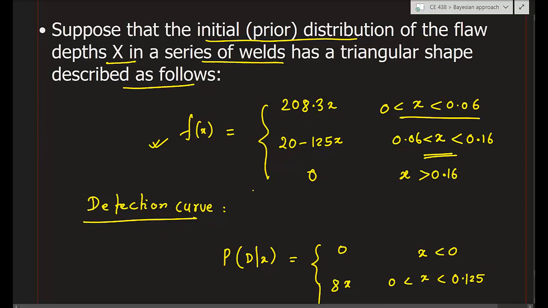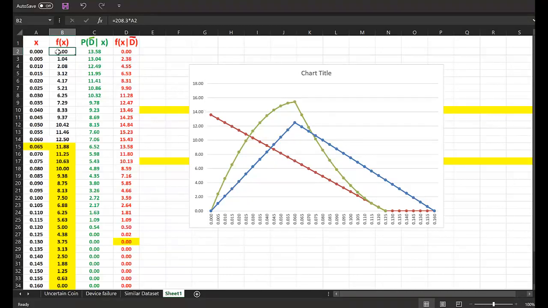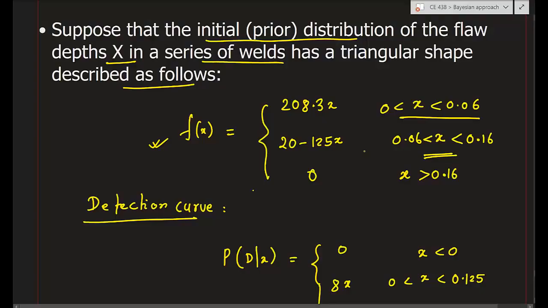So 208.3 times x. If you see here, this term is nothing but 208.3 times cell number A2, that is x. And this will go up to x equals 0.06, and then I have to change my function to 20 minus 125x.